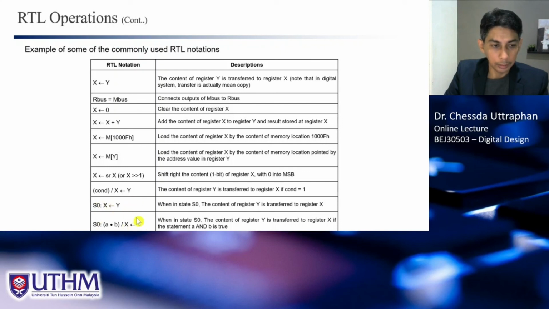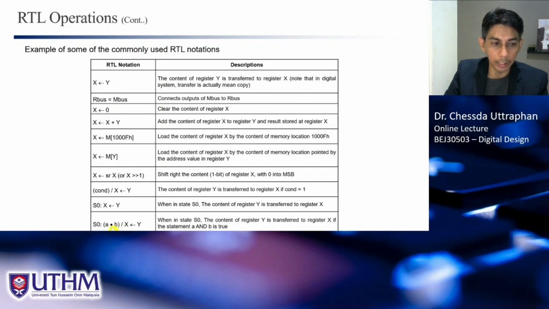And the last one is also any operation here, but in this example it is the transfer from Y to X. So here also the same. We have this operation in S0, and this happens only if the condition is true.